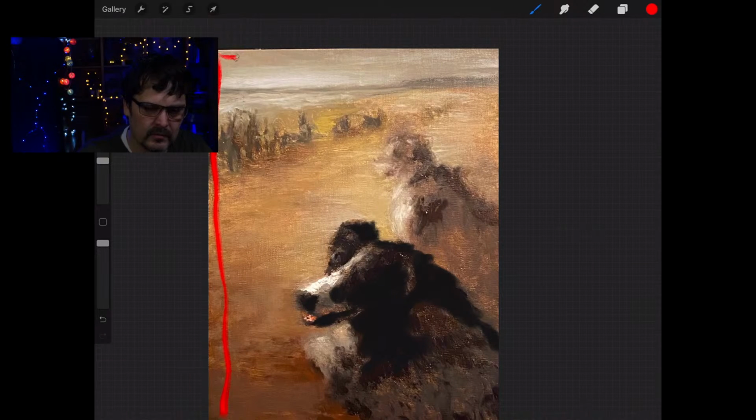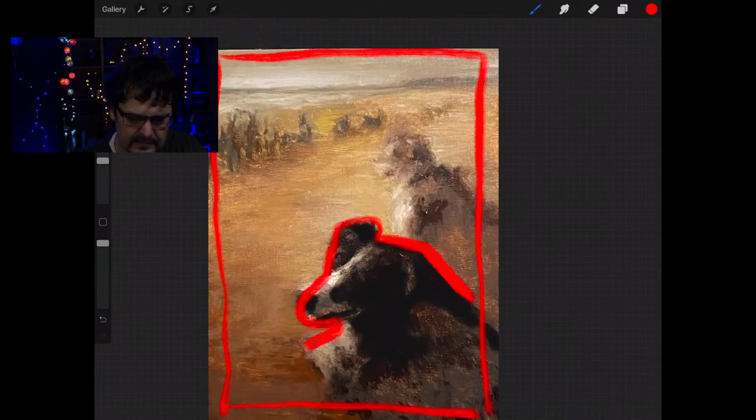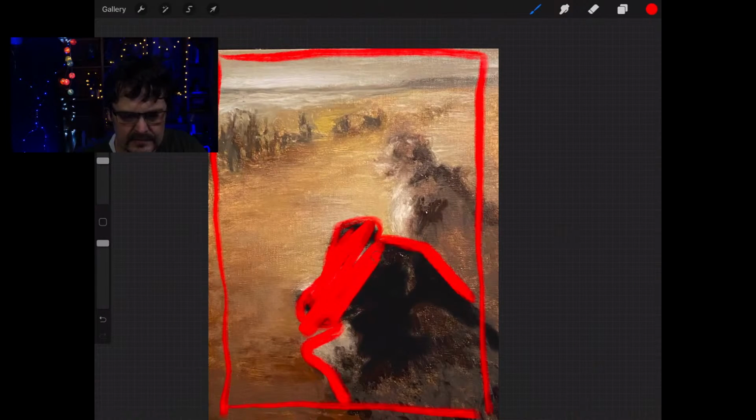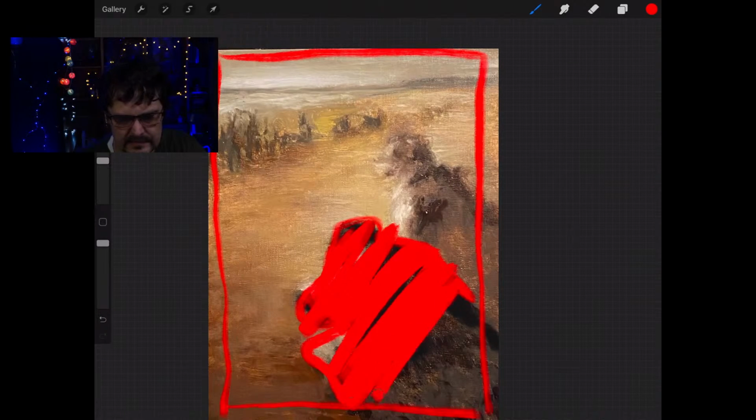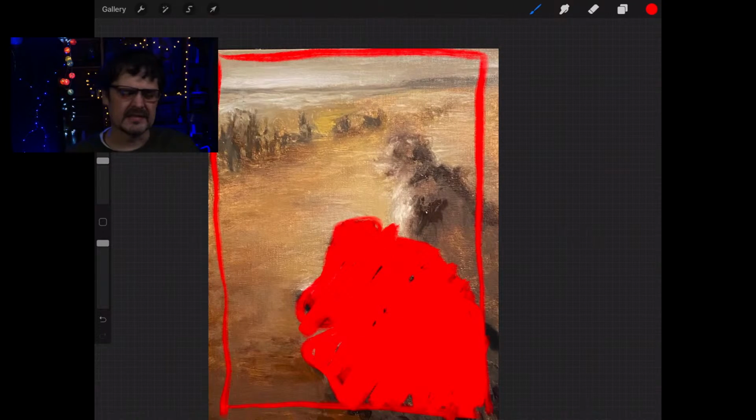So again, we're looking at all of this. And if this is about that shape right there, just looking at that, could you say, oh yeah, this whole painting is about that shape?